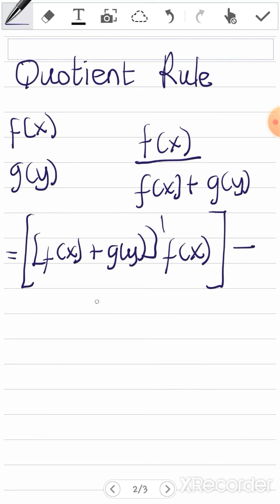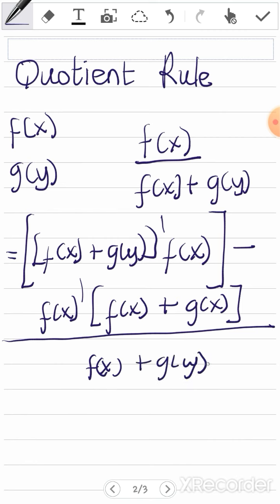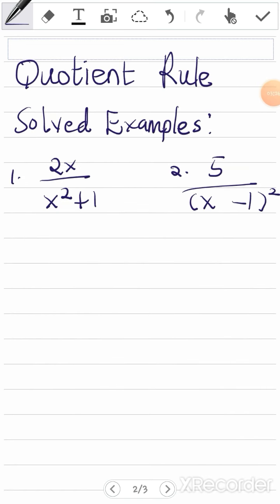Then this time around, you differentiate the numerator, which is f of x, then you multiply by the denominator. Check the way I've done it. This is the whole thing. Then you divide by the denominator all squared.